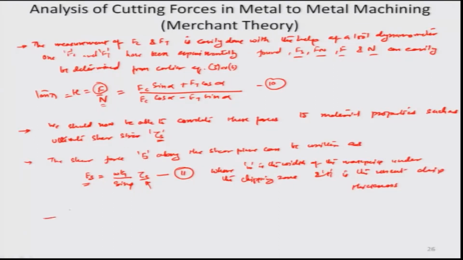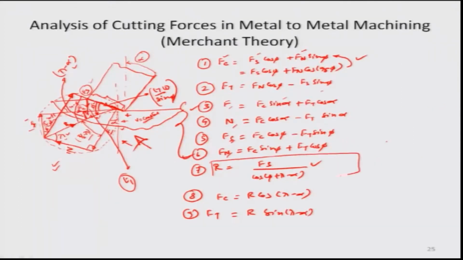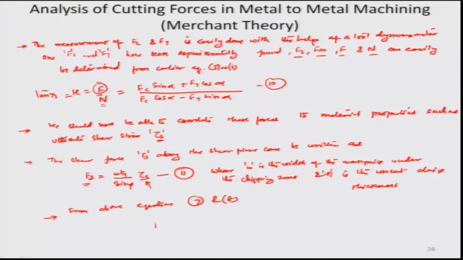So, from earlier equations 7 and 8, as you can see right here, 7 was related to how the resultant varies with respect to shear force, and 8 was how the cutting force varies with respect to the resultant. We can write the total amount of cutting force Fc as Fs cos of lambda minus alpha divided by cos of lambda plus phi plus lambda minus alpha.